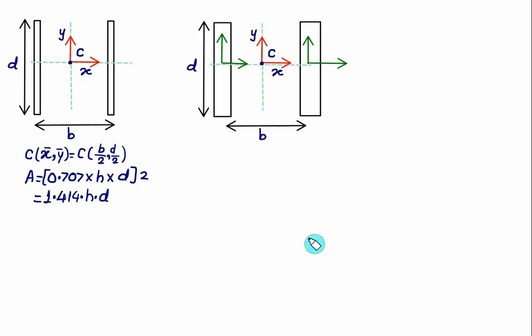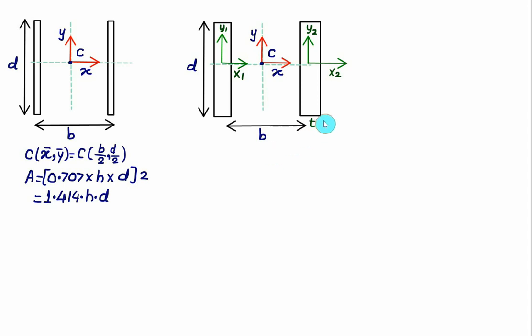To explain this I have just increased the thickness of the weld, but actually it's a very thin weld. For the left hand side we have x1 and y1 as the centroidal axes. This one is x2 and y2, the centroidal axes. This one is our throat thickness equal to T, which we assume to be very small as compared to the length of the weld.